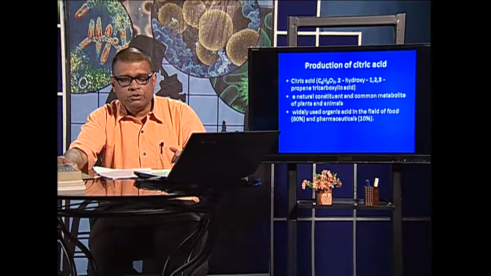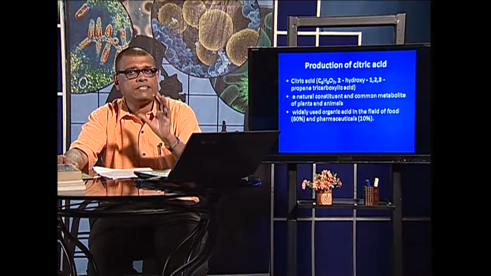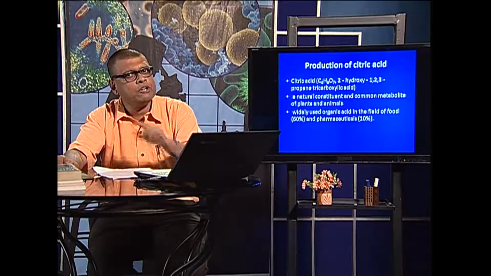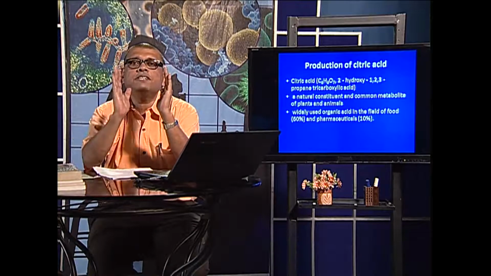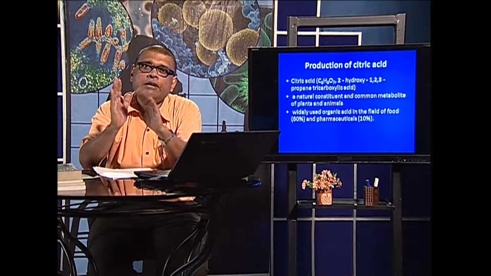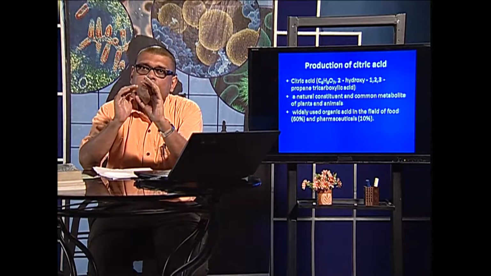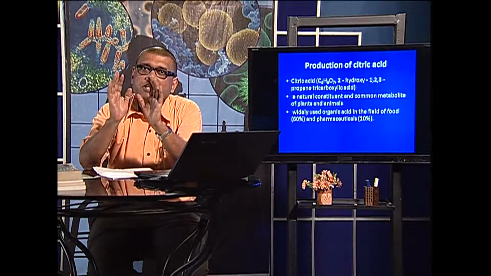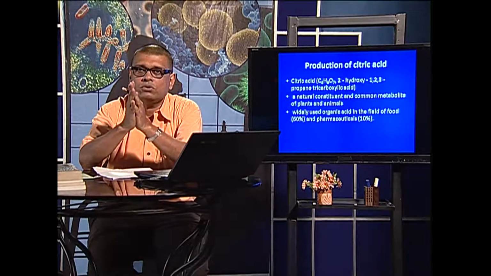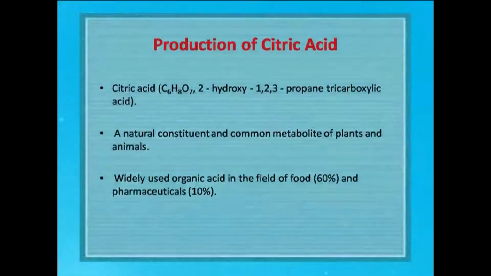Now we come to the specific example of citric acid. Why am I considering it? Because if we consider a specific example, then we can understand what fermentation actually is and how it is carried out. So citric acid is a very common product which is produced by the citric acid cycle, a primary metabolite, C6H8O7.